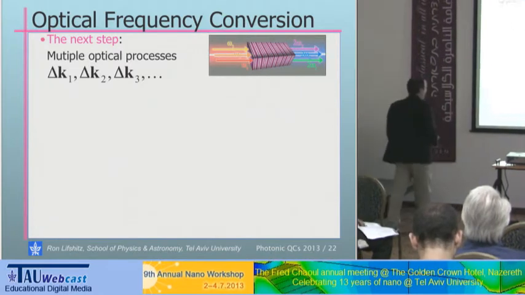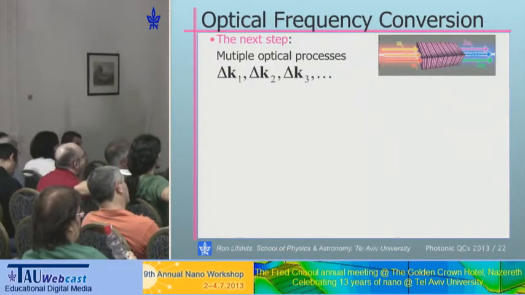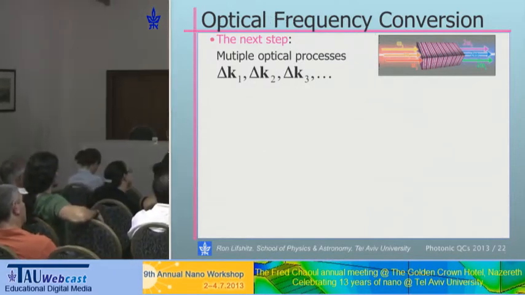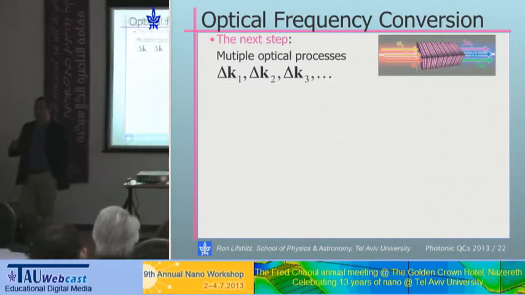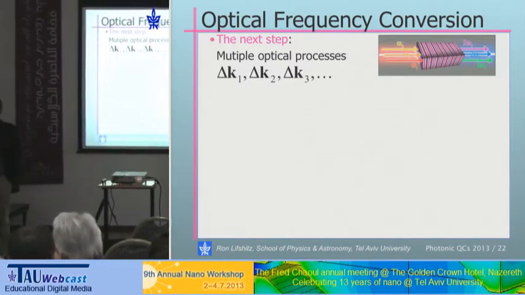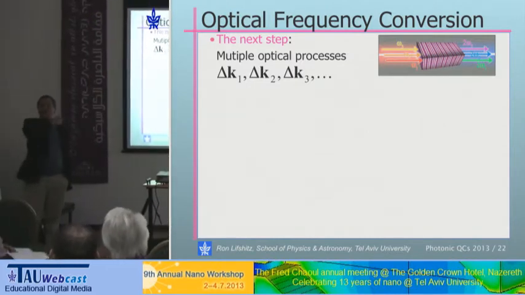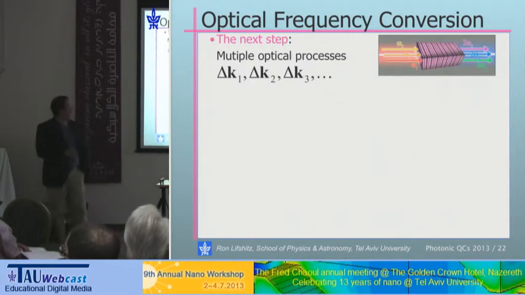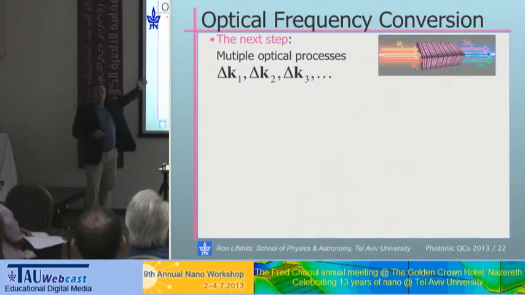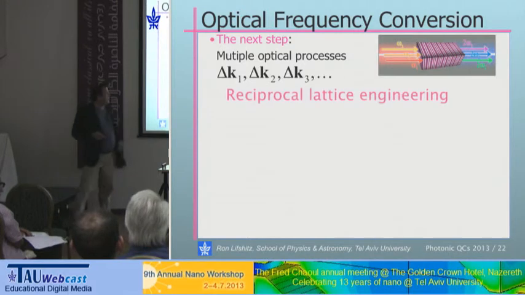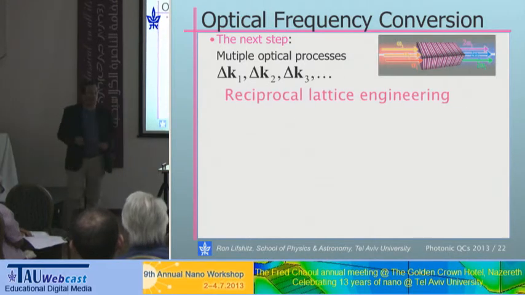What they actually did here is to generate a structure that would take in three different frequencies, omega 1, omega 2, omega 3, and simultaneously generate twice the frequency for each of these input beams. So 2 omega 1, 2 omega 2, and 2 omega 3. So one really has three different missing wave numbers here that one needs to put in the diffraction diagram.